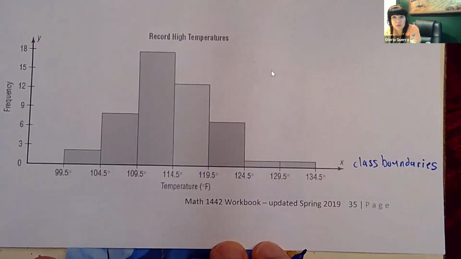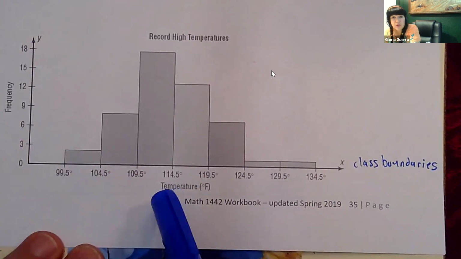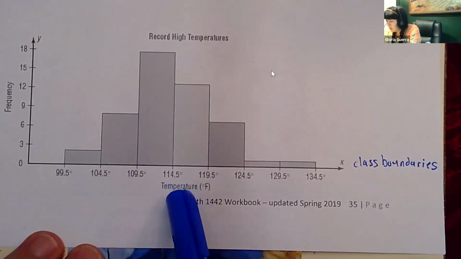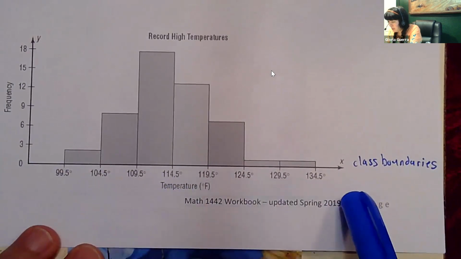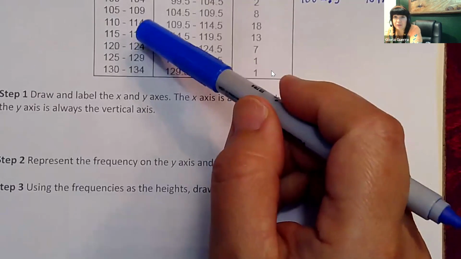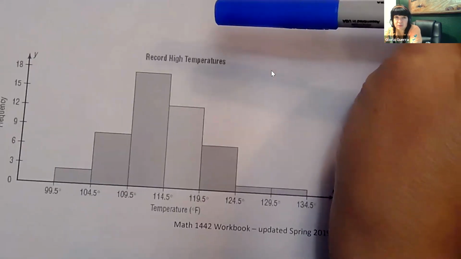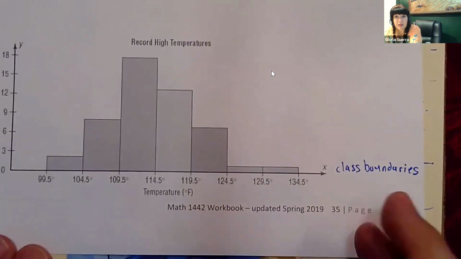When you take your quiz and when you do your homework, they'll ask which one's the best histogram for this frequency distribution. So they'll put good distractors, like an answer choice down here on the x-axis where they put the class limits instead of class boundaries. And that's wrong. When you make a histogram, you shouldn't be using the class limits. You're supposed to be using the class boundaries.